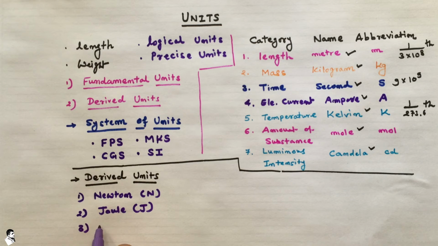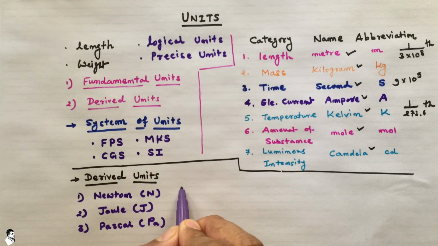Third one is the Pascal, capital P and small a. It is a unit of pressure, defined as the pressure generated by a force of 1 Newton acting on an area of 1 square meter. It is named after the French mathematician, physicist, and philosopher Pascal.